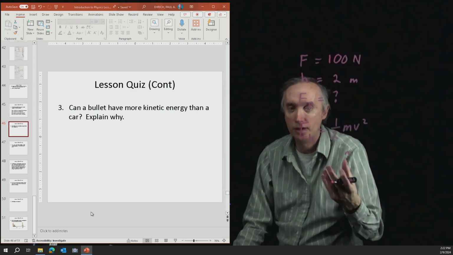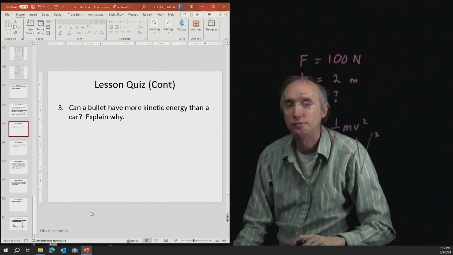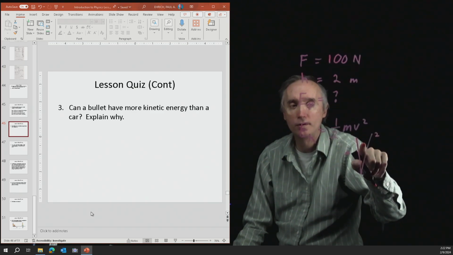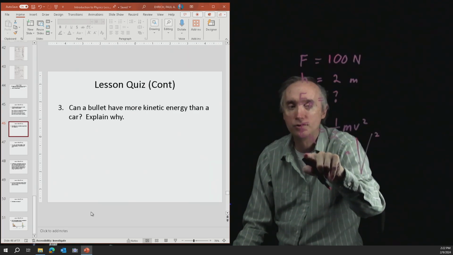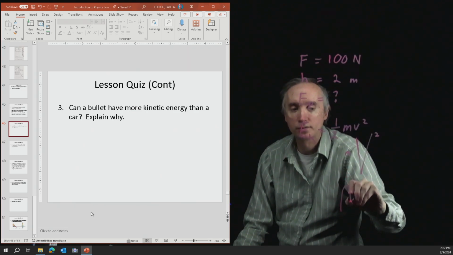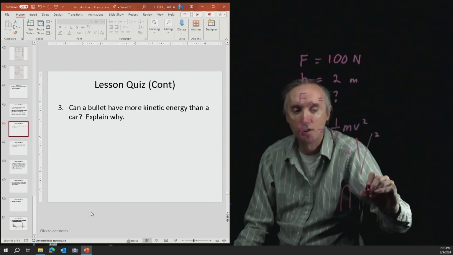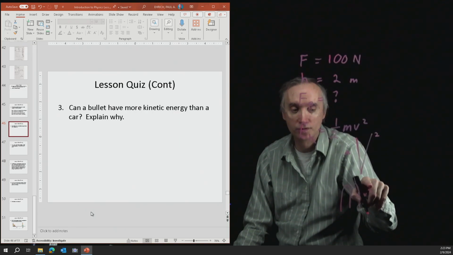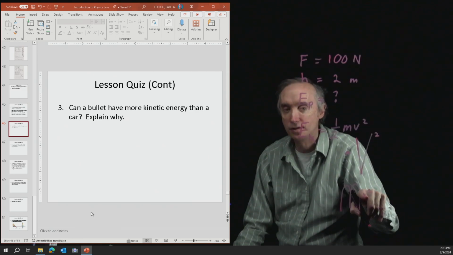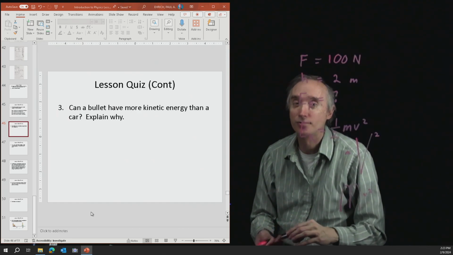So a car has a big M. Well, if the V is big enough, then when you square the velocity of the bullet and you multiply it by the mass of the bullet, it could have more energy than a big car that is traveling at a very small speed. So, and if it's not moving at all, so V is equal to 0, then 0 times anything is 0. So that big car could have a kinetic energy of 0.